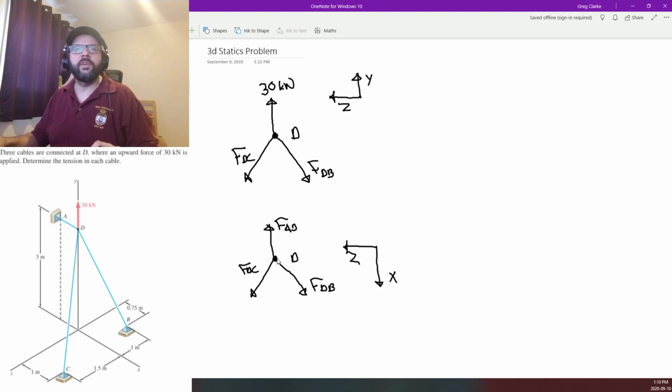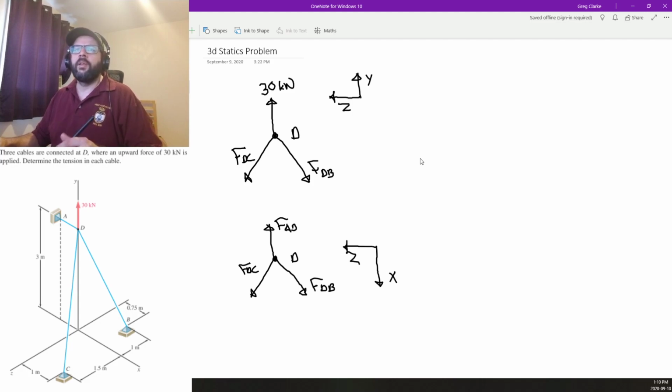We could also do the XY plane, but that isn't quite as useful because it doesn't reduce any of our terms down to 0. So let's ignore that for now.